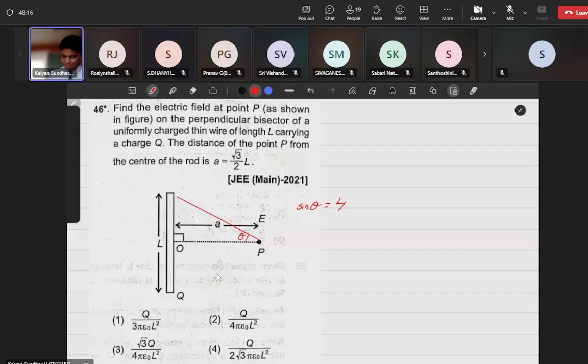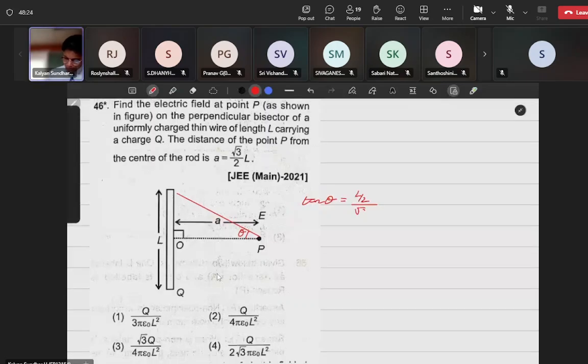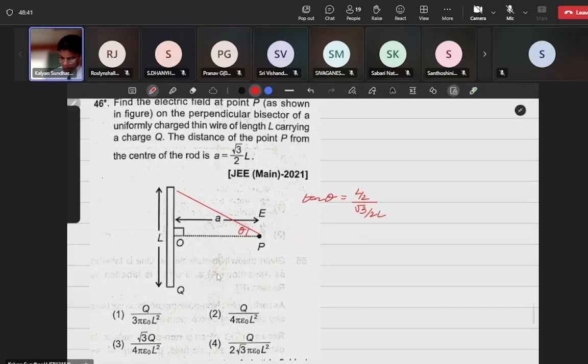Tan theta will be better, otherwise we have to find the hypotenuse under root. So tan theta will be equal to L by 2 divided by root 3 by 2 L. So L and L get cancelled. Oh wait. Won't it become L square?